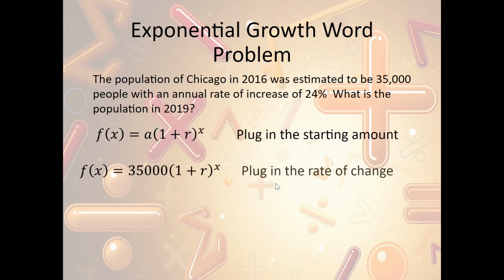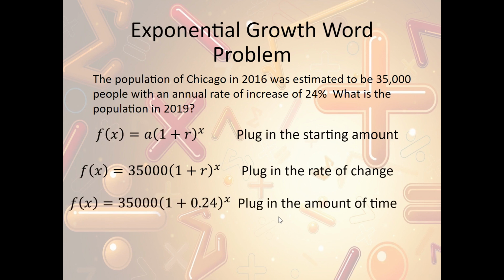Then we're going to plug in our rate of change. Well, we can see that it changes by 24%. Well, 24% we need to write as a decimal. So this is really 24.0%, right? So we're going to move the decimal back 2 places. 1, 2. So it should change to be 0.24. And then lastly, we're going to plug in the amount of time.